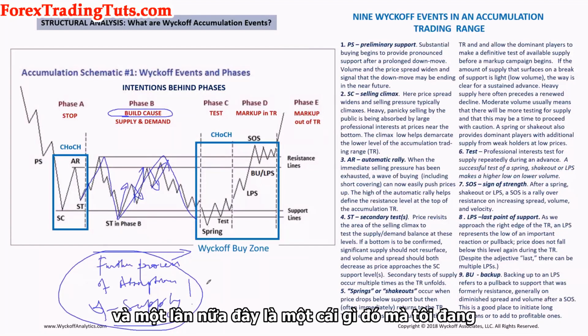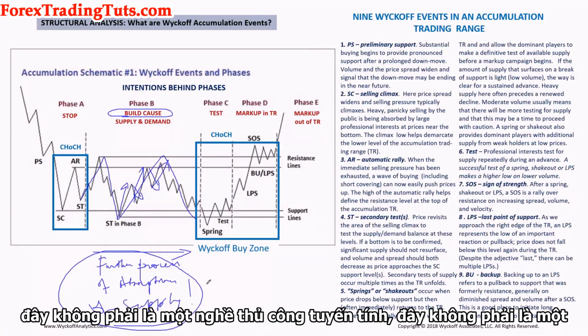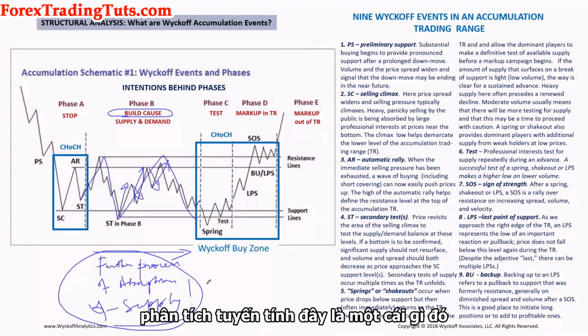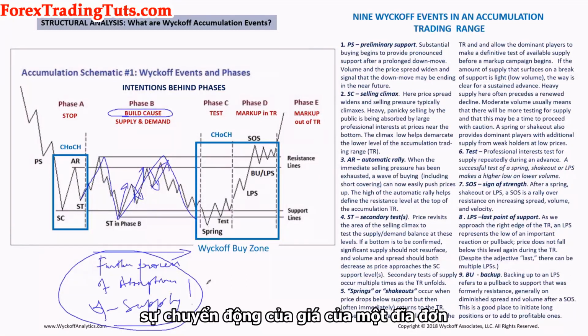And again, this is something that I'm going to be extremely honest with all of you guys. This is not a linear craft. This is not a linear analysis. This is something that it only could become linear if you understand all of the variables. And unfortunately, we can't even comprehend the number of variables that influence the movement of the price of a single stock.